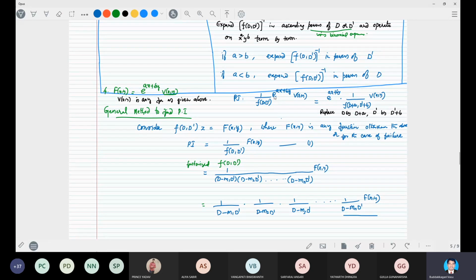Due to the operation of 1 by f D D dash on e power ax plus by, it will give e power ax plus by, where D is replaced by D plus a and D dash by D dash plus b. So that now the rest of this will be as earlier functions, right?